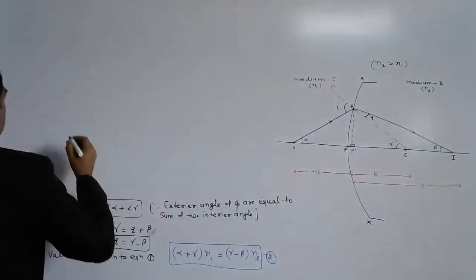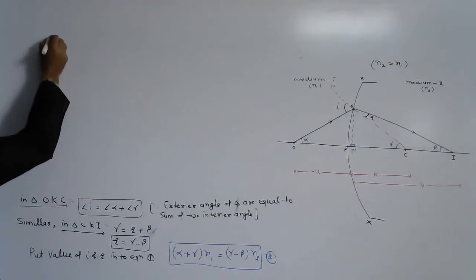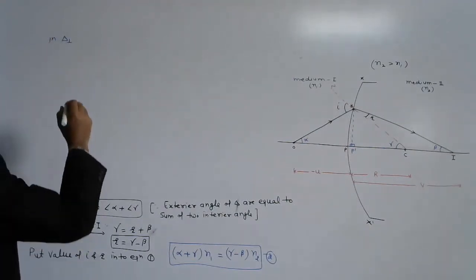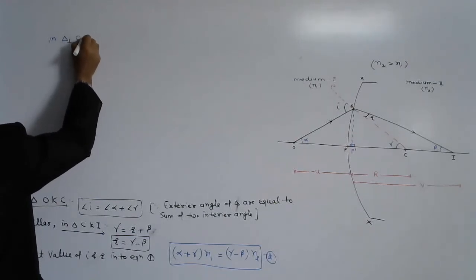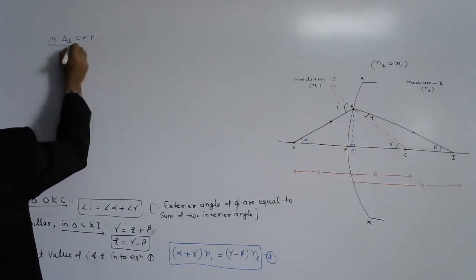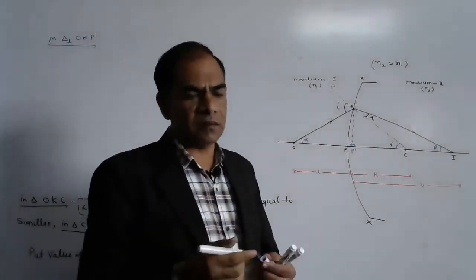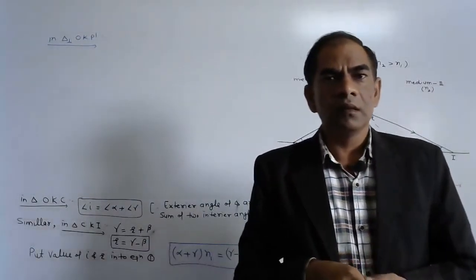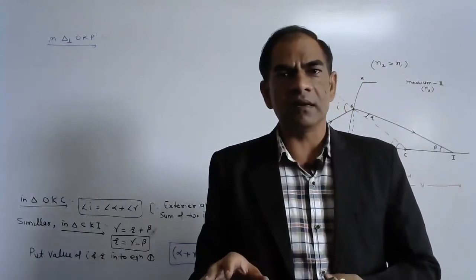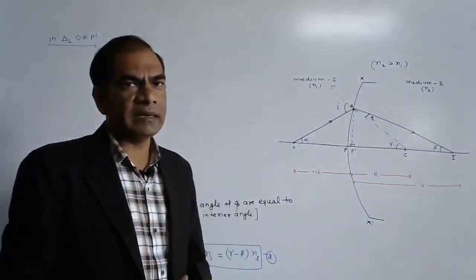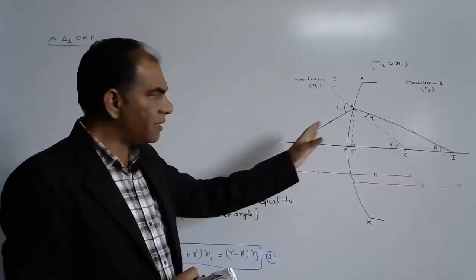And in the right angle triangle OKP dash, this is the right angle triangle. Why do we take the right angle triangle? Because trigonometric functions only apply on a right angle triangle. And we can construct this geometry.